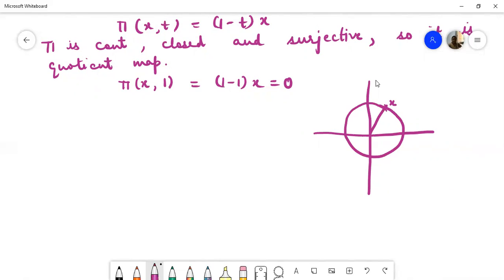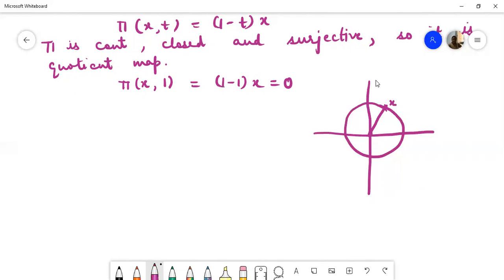If t is 0, then the image of (x, 0) is the point x itself, and if t is 1, then the image is this 0, and if t is between 0 and 1, then the image (1 minus t) into x lies on this line joining 0 and x.